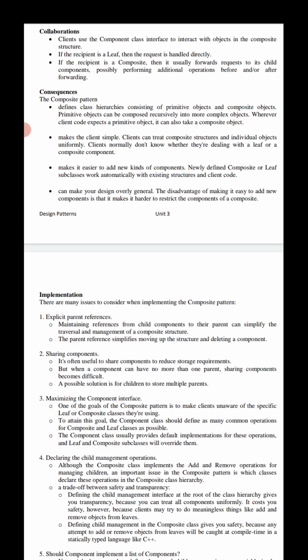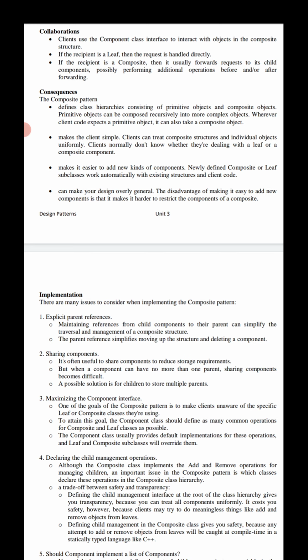If the recipient is a composite structure, then we usually forward the request to its child components, possibly performing additional operations before and/or after forwarding. Okay, this is the collaboration section.